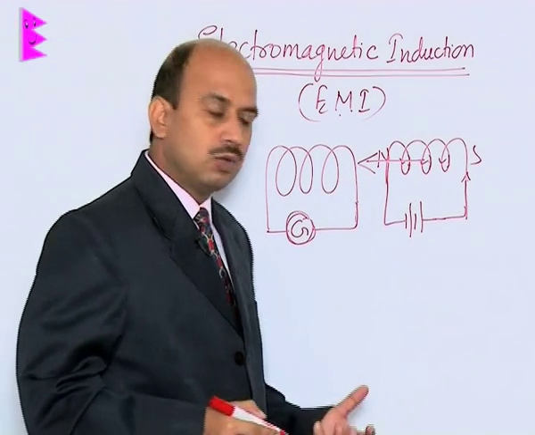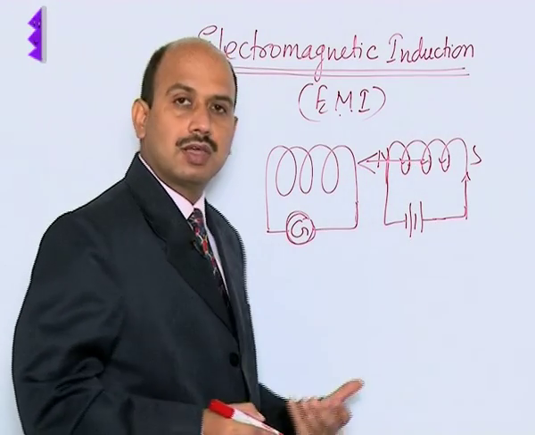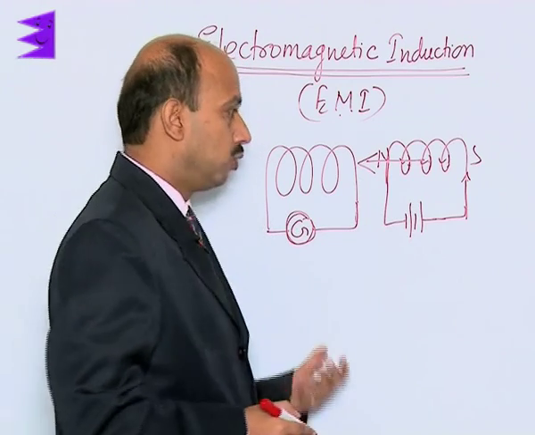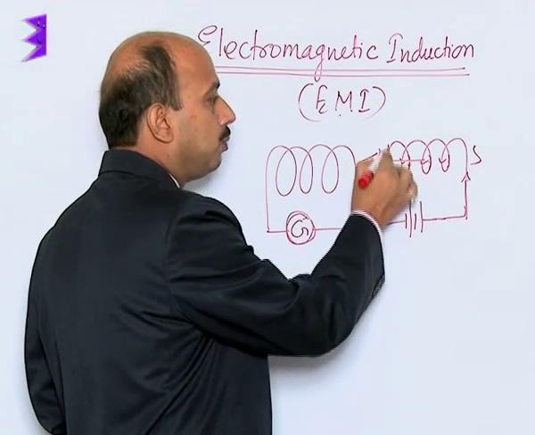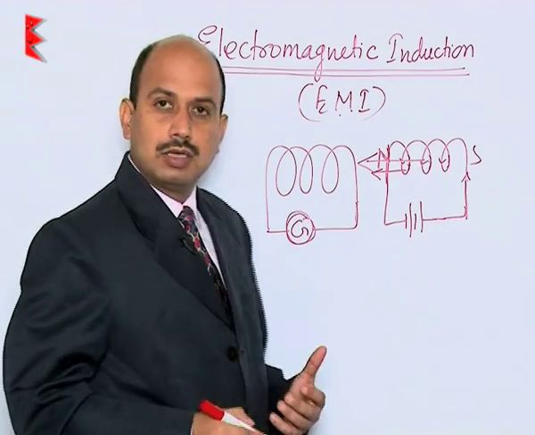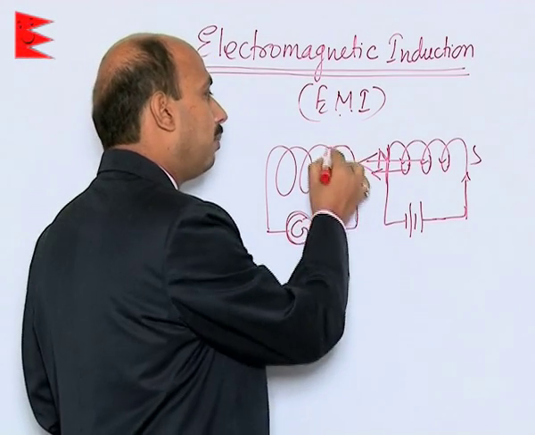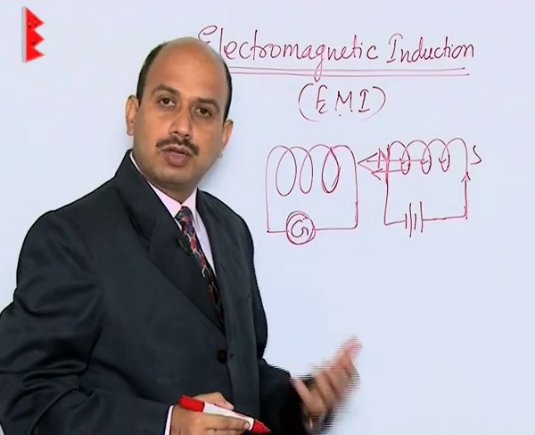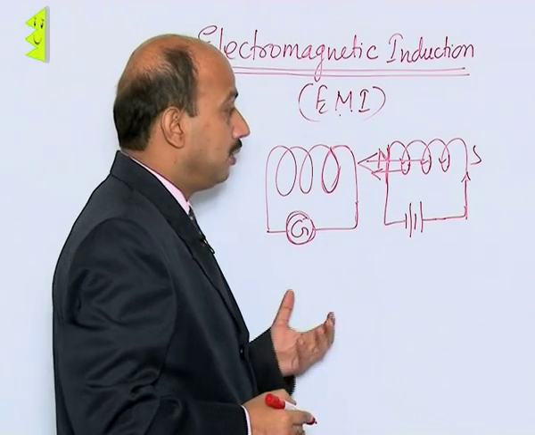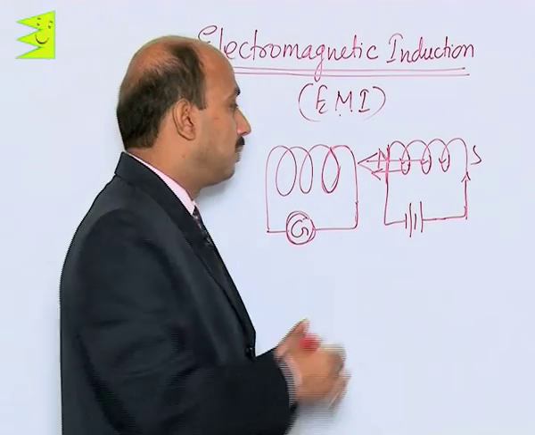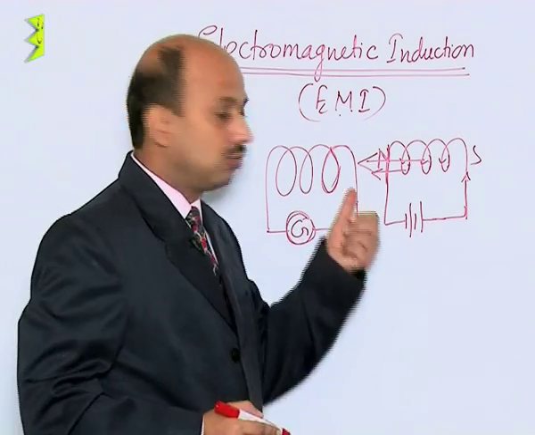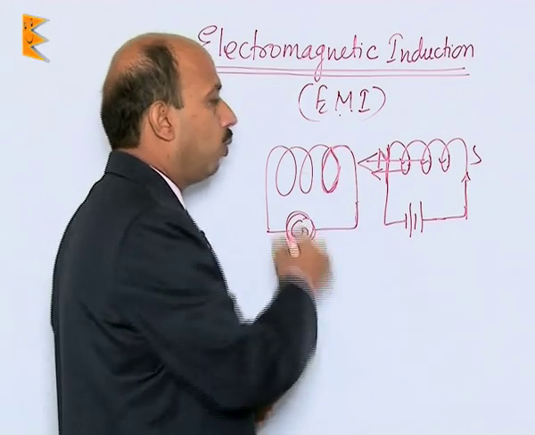As you move this coil to this side, again there is a deflection in the galvanometer. When the north pole of the coil comes to this side, this face of the coil will become north, according to Lenz's law, and as a result the direction of the current in the first loop is anti-clockwise.